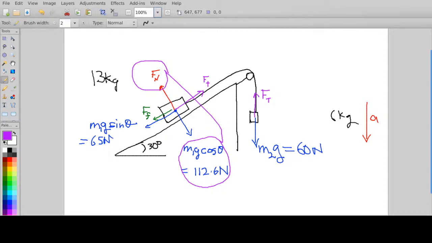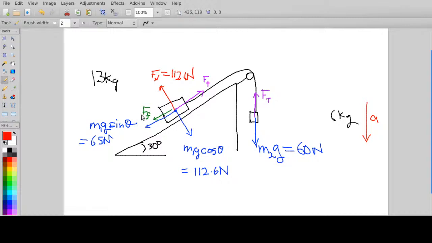Which one wins? Neither. If Fn wins, the block starts to levitate off the table. If the perpendicular component wins, it starts to dig into the table. So the two have to be equal, and that tells you Fn has to equal 112.6 newtons. I'm going to write that in the other one.